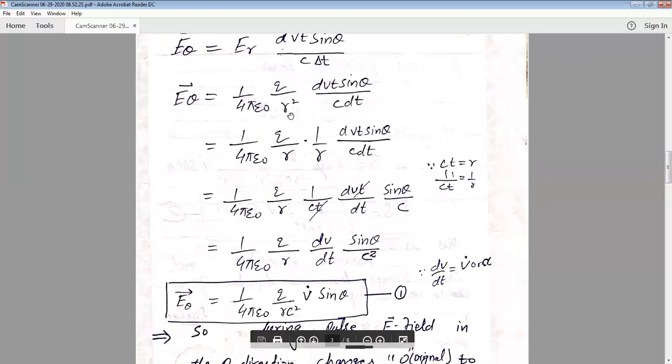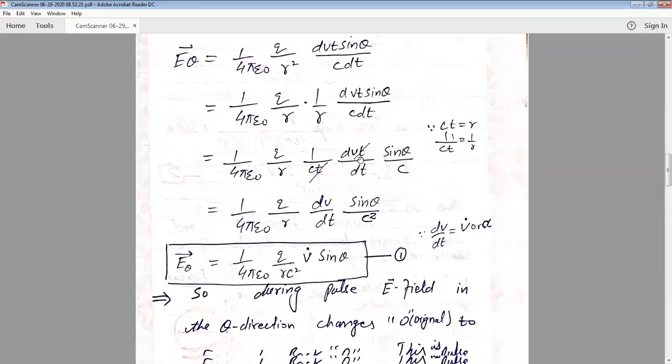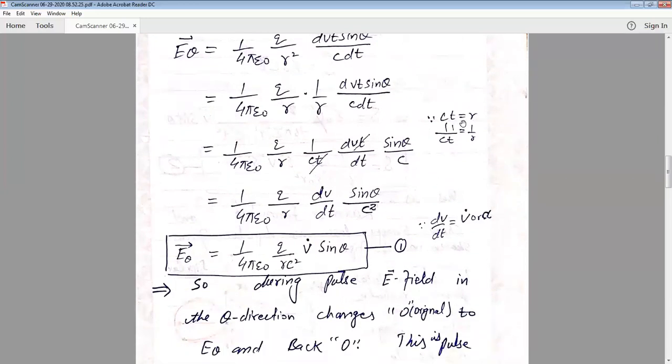Now we separate r square, that is equal to r dot r, then 1 over 4 pi epsilon naught q over r dot 1 over r, and delta v t sine theta over c t. We know that ct is equal to r, then 1 over r is equal to 1 over ct.